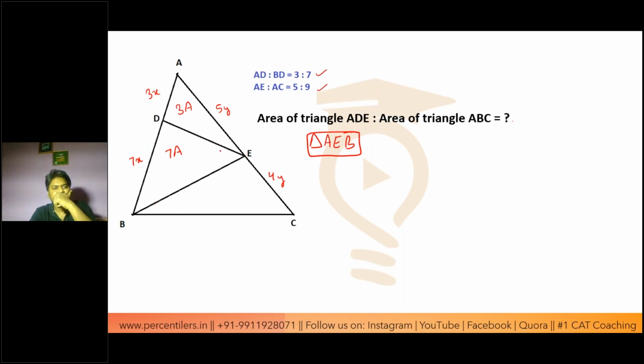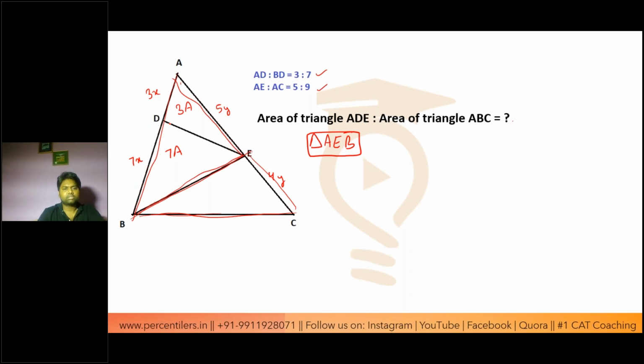Now imagine these two triangles, this ABE and the triangle BCE. Ignore this line segment.